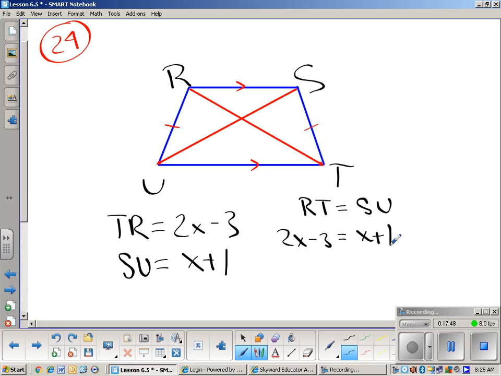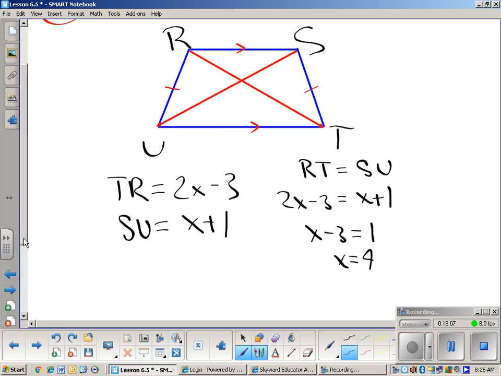So if I move my x first, subtract x from both sides, I get x minus 3 equals 1. Add 3, x equals 4. Now if they ask me to find TR, what would I do? What would I do if they asked me to find TR? Plug in the 4.